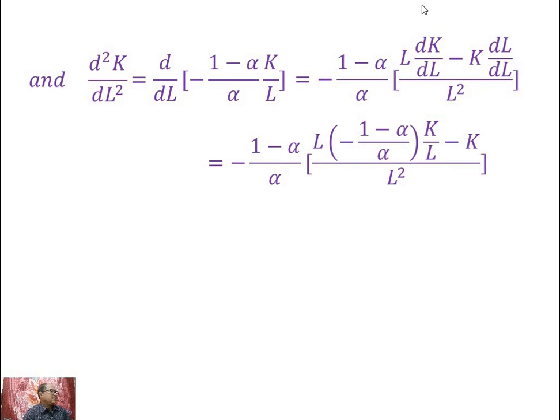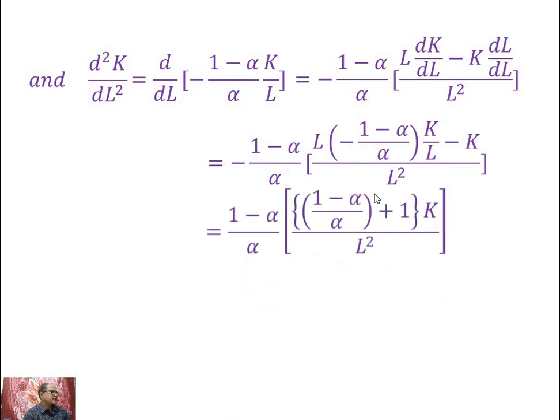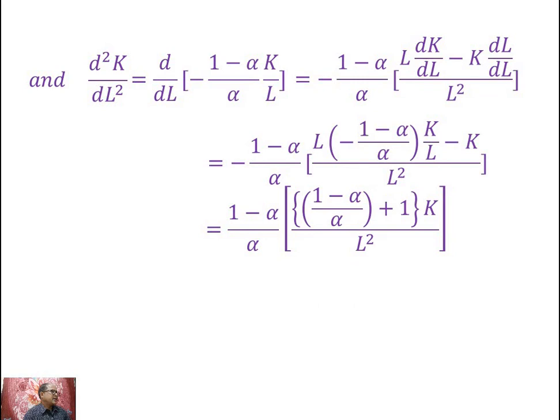Again, putting the value of dK/dL, we get this, and taking the common K in the numerator, this minus sign is cancelled by this minus sign. So we get a positive sign here and a positive sign here, and at the same time alpha lies between 0 and 1, so 1 minus alpha is positive.